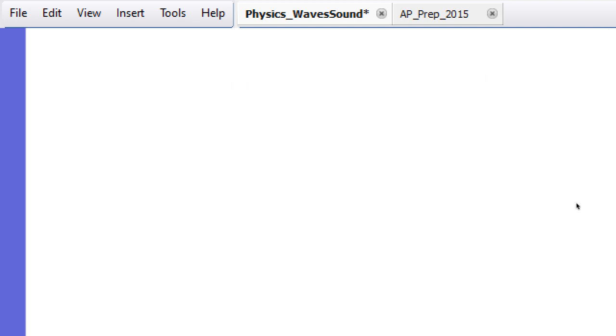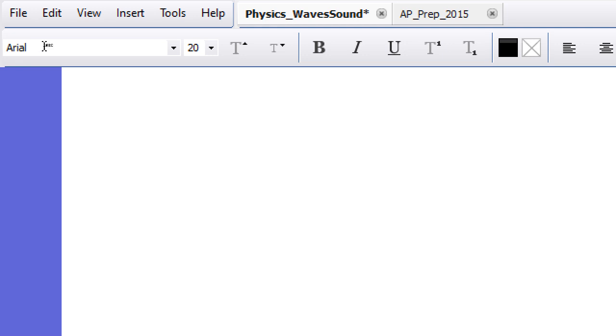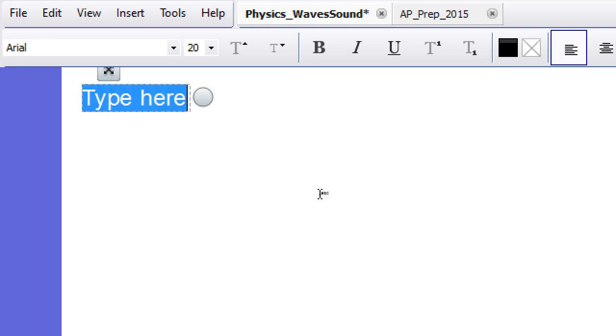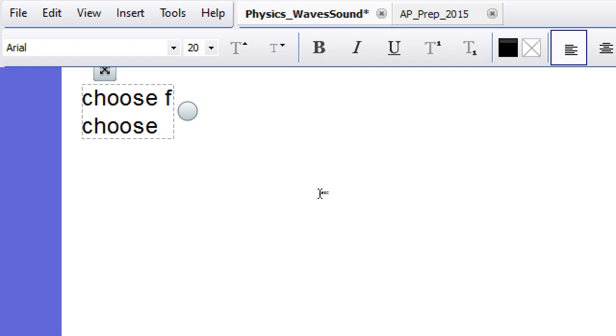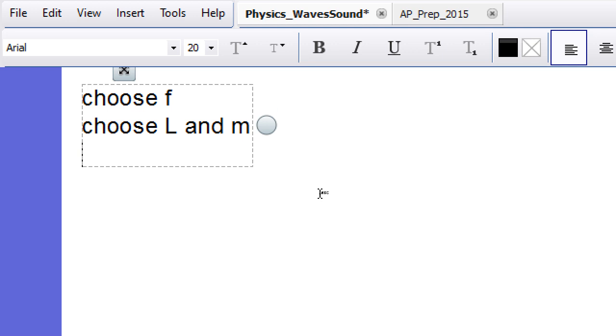You'll be fine. In summary, when you're designing your instrument, you can choose what frequency you want. You can choose the length and mass of the string. If you know these things, you can solve for what wavelength you can have.